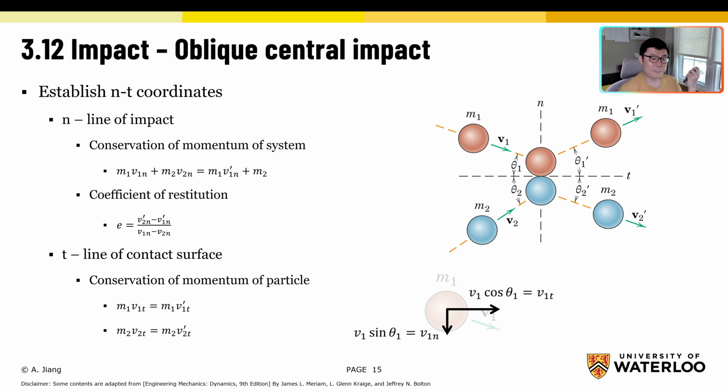You can see M1 V1T equals M1 V1T prime, so V1T equals V1T prime, and V2T equals V2T prime. So we don't need to derive the equation for oblique central impact all over again. We'll just break the motion into N and T. The N direction we treat as the direct central impact, and the T direction will have no velocity change.